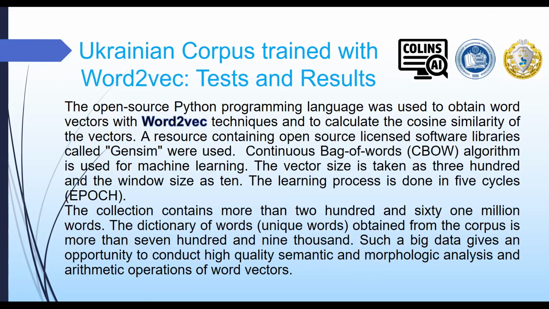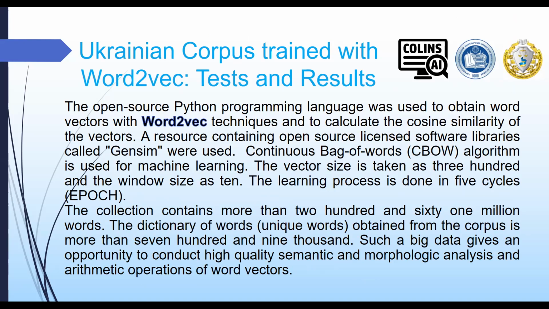The next slide, please. The open source Python programming language was used to obtain word2vec vectors with the word2vec technique and to calculate the cosine similarities of the vectors. A resource containing open source licensed software libraries called Gensim was used. Continuous bag of words algorithm is used for machine learning. The vector size is taken as 300 and the window size as 10.